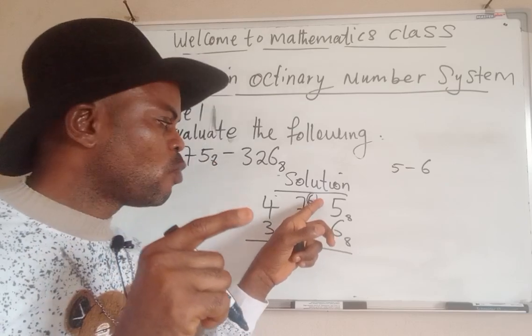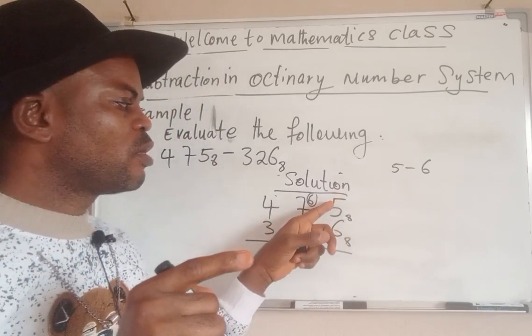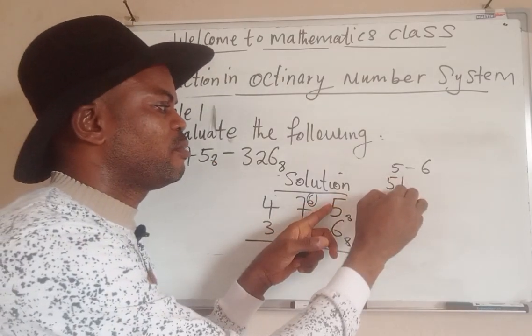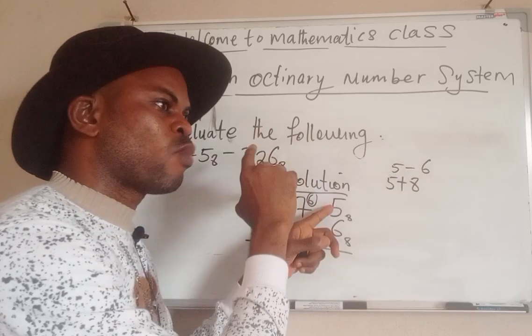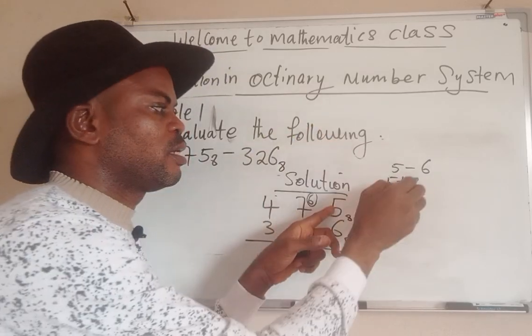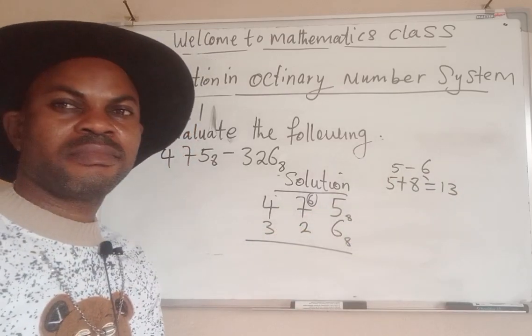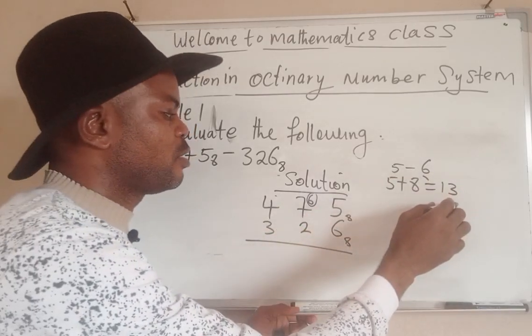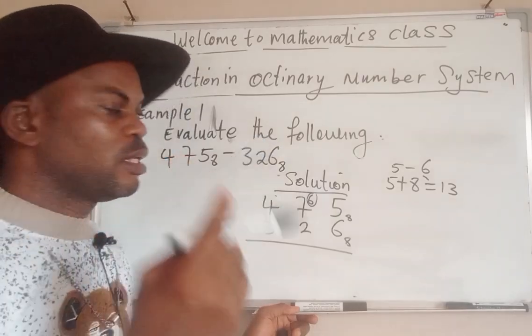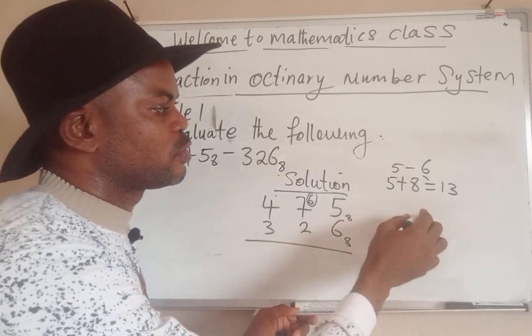So the one I'm borrowing becomes 8. So now 8 plus 5, remember it was 1 I borrowed that became 8, which is the base, gives you 13. Now 13 minus 6 will give you 7.